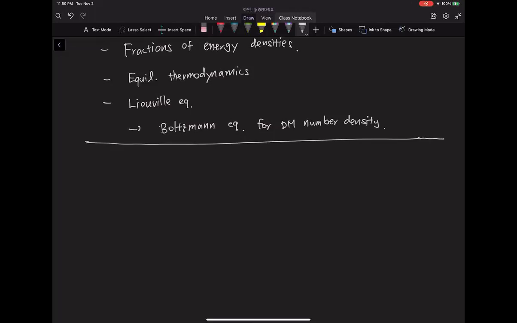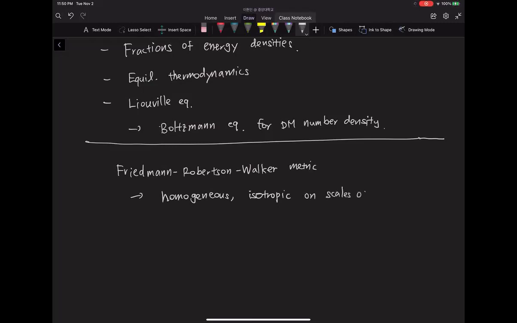So the FRW metric, Friedmann-Robertson-Walker metric, describes the homogeneous and isotropic universe on scales of the Hubble volume.